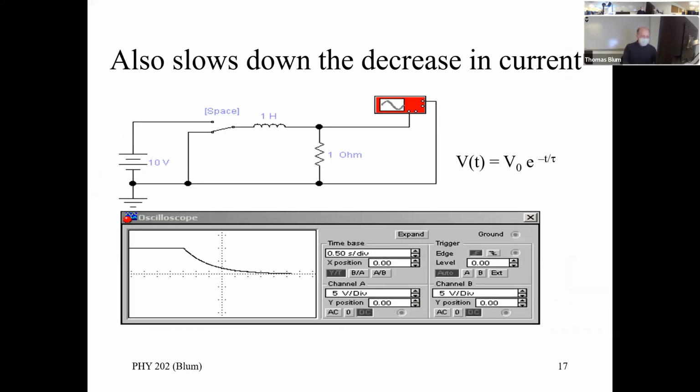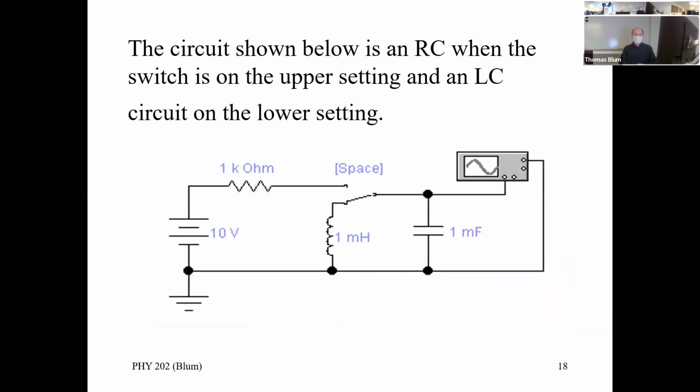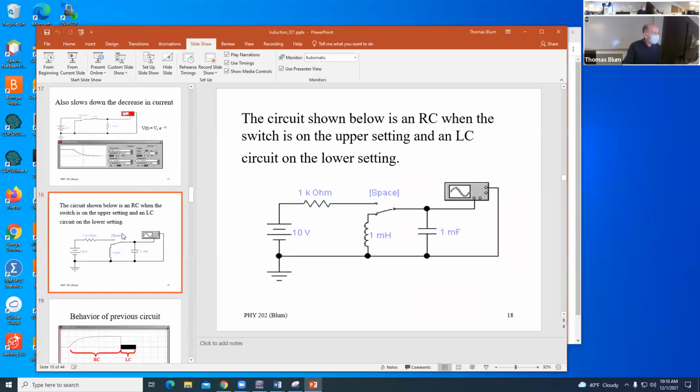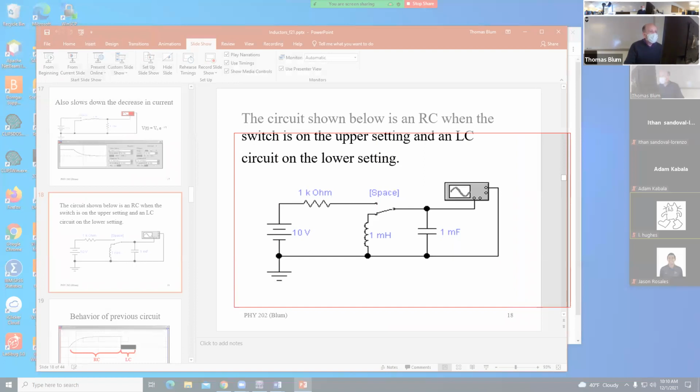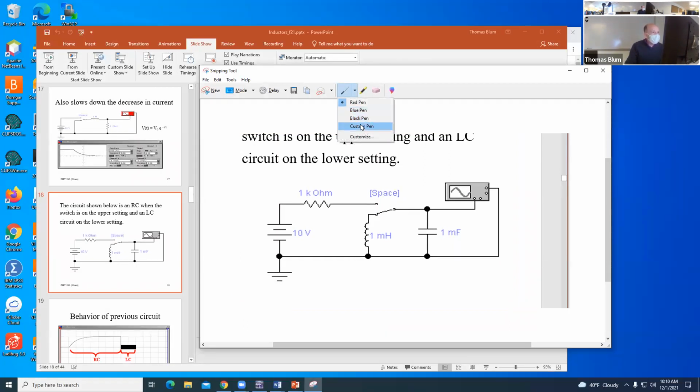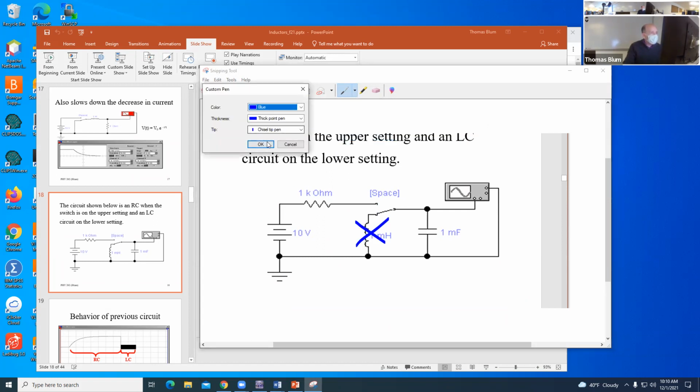So now the next thing we're going to do is have a resistor, an inductor, and a capacitor together. So the first thing in this arrangement, when the switch is up, this part is just hanging there, and it's not part of the circuit.